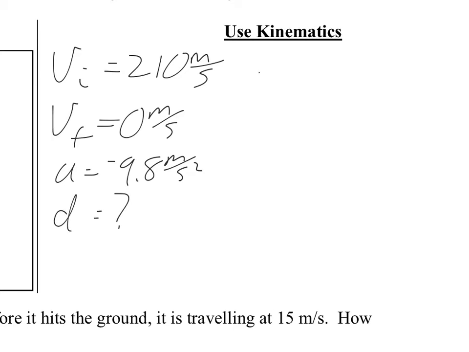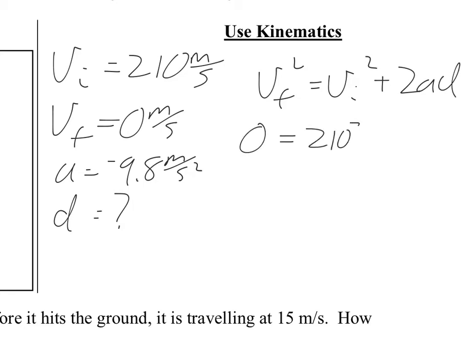So here we could use the equation Vf squared equals Vi squared plus 2ad. Vf squared would be 0, the initial squared would be 210 squared, plus 2 times negative 9.8 times d. Throwing these into our calculator, let's see what we get.